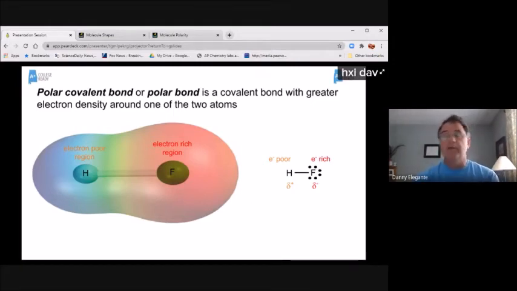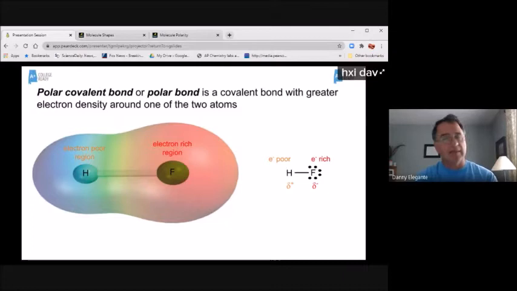Number one, it's got its valence electrons really close to the nucleus. Number two, it's got a bunch of protons. So two things affect electronegativity: how close the valence electrons are to the nucleus and how many protons. And that goes back to Coulomb's law. So how much is it pulling on the electrons?